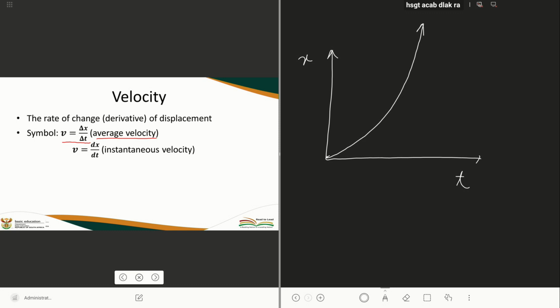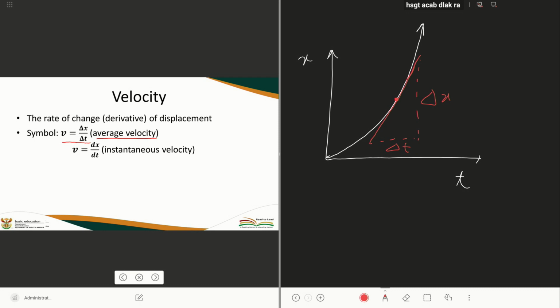Now, if you wanted the instantaneous velocity, meaning the velocity at a particular point in time of this function, you will have to draw a tangent to the curve. A tangent is a straight line that touches that curve at one point. The slope of this tangent, the change in x over the change in t, will give you the gradient at this particular point of contact, and that is referred to as the instantaneous velocity.